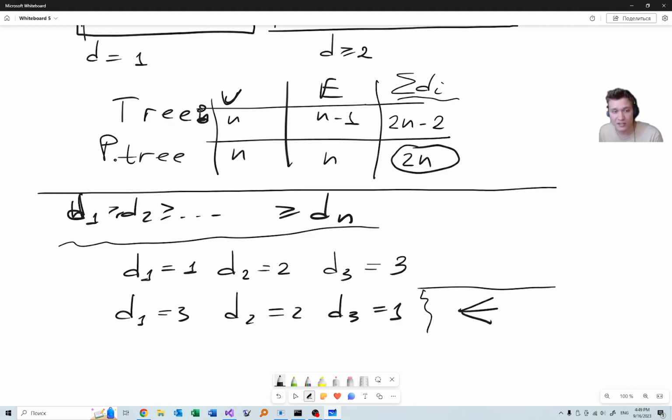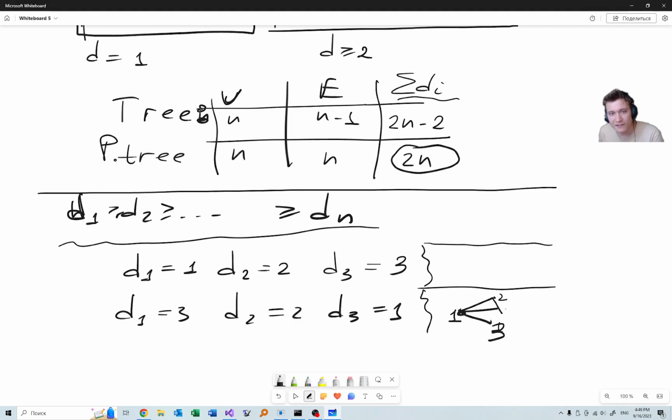If we construct this graph, it will have degree 3 for vertex 1, degree 2 for vertex 2, and degree 3 for vertex 1, for example. And this is the problem because initially the enumeration was different.